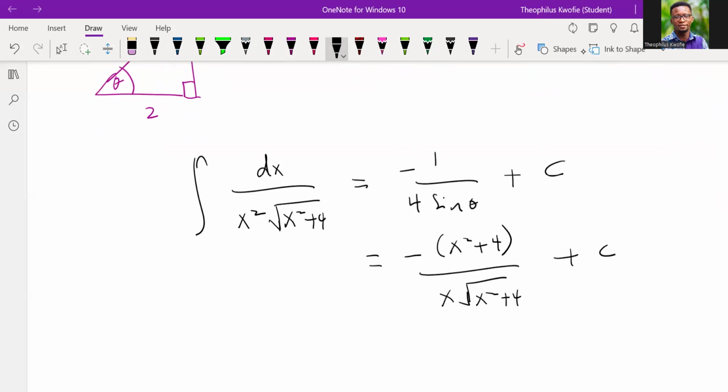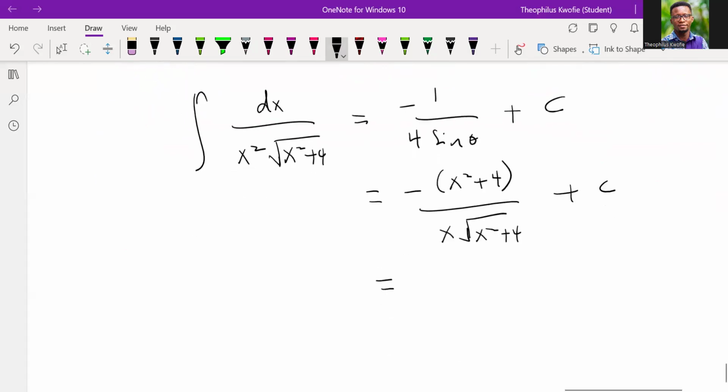But as I mentioned, we normally do not want it this way, so we go further to reciprocate it. And when you do your simplification, we should have something beautiful like this. So this brings us to the end of today's example.